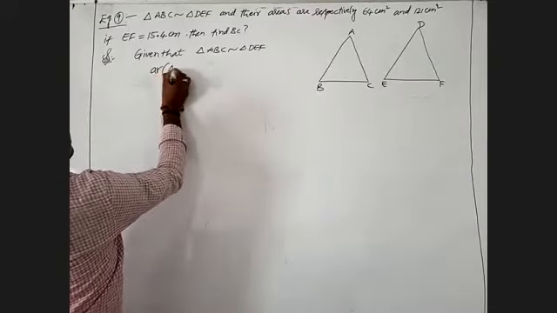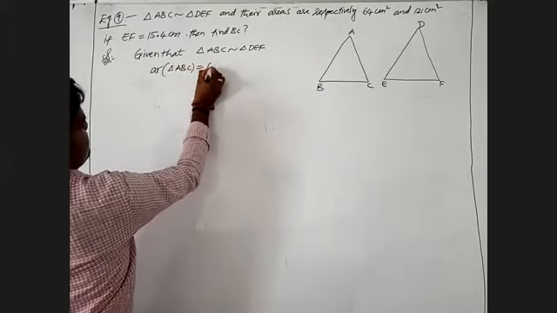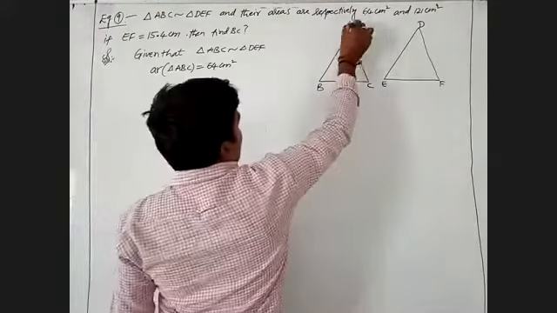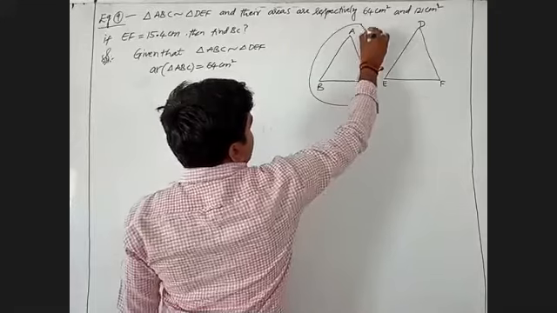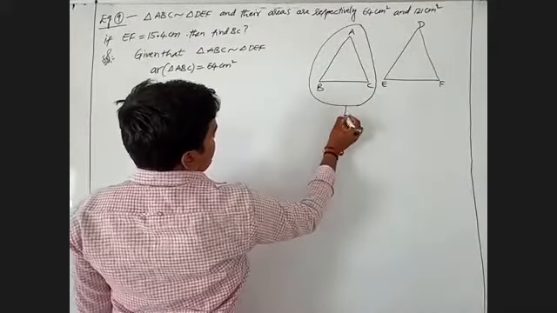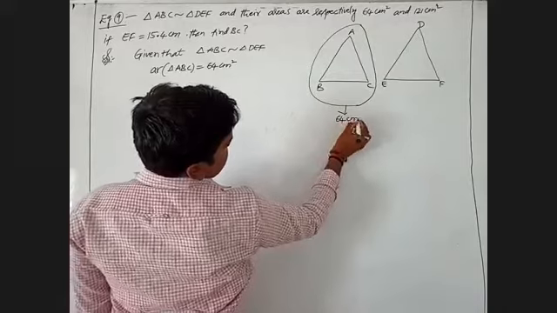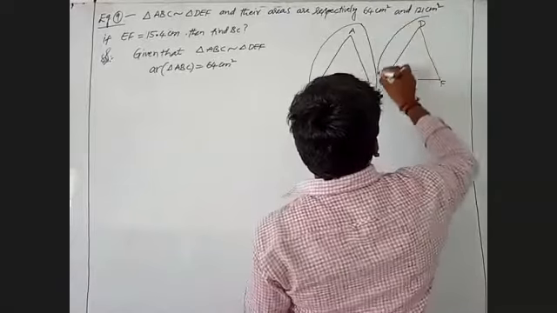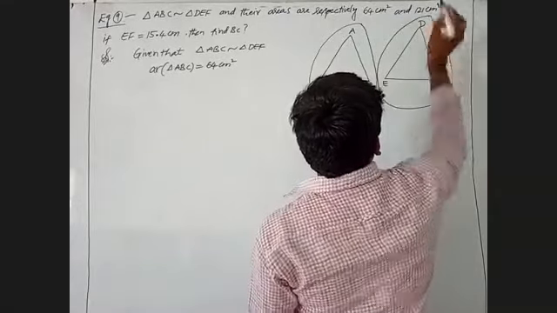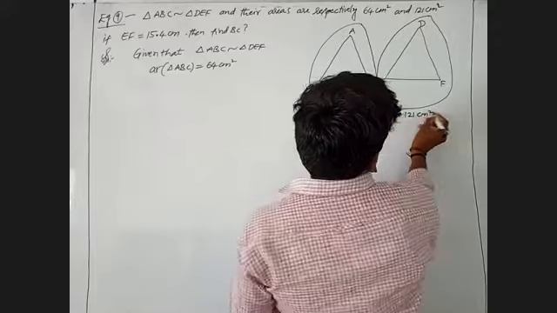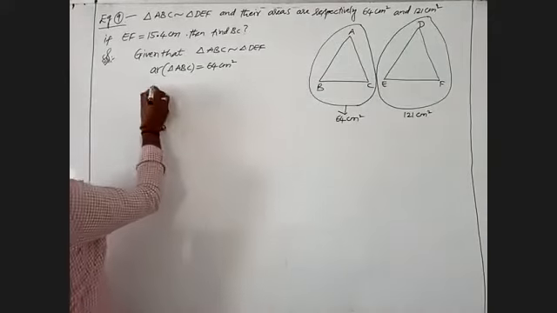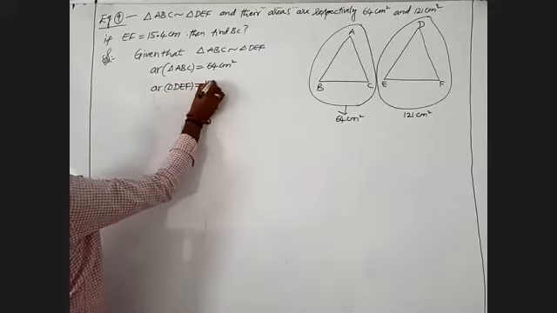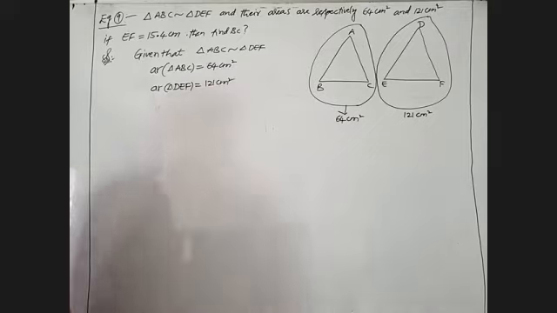Area of triangle ABC is 64 cm². The area of triangle DEF is 121 cm².